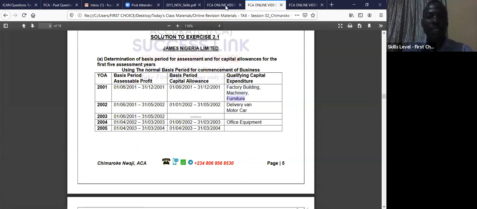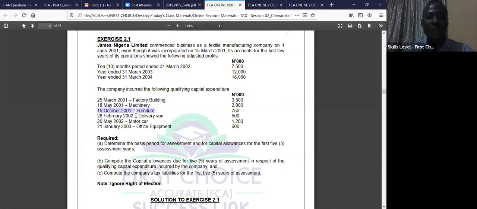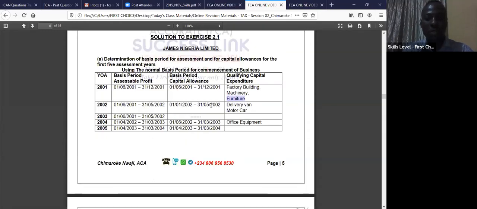Okay. Now, delivery van, February 2002. So you ask, where is February 2002? It should be here. Delivery van. What about motor van? May 22 motor van.